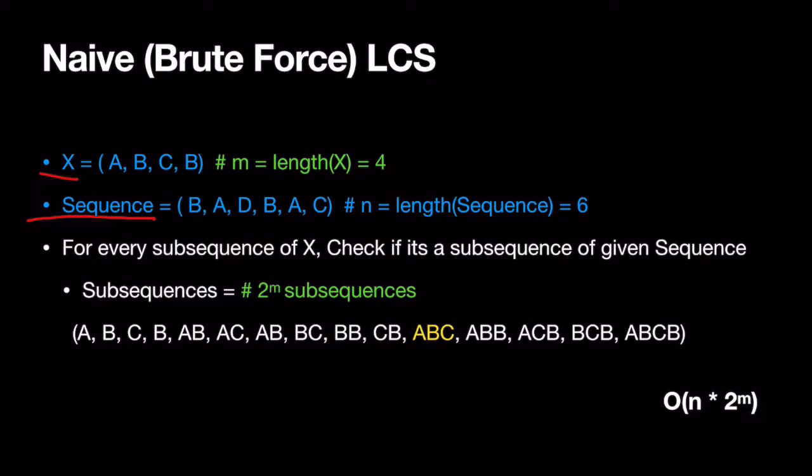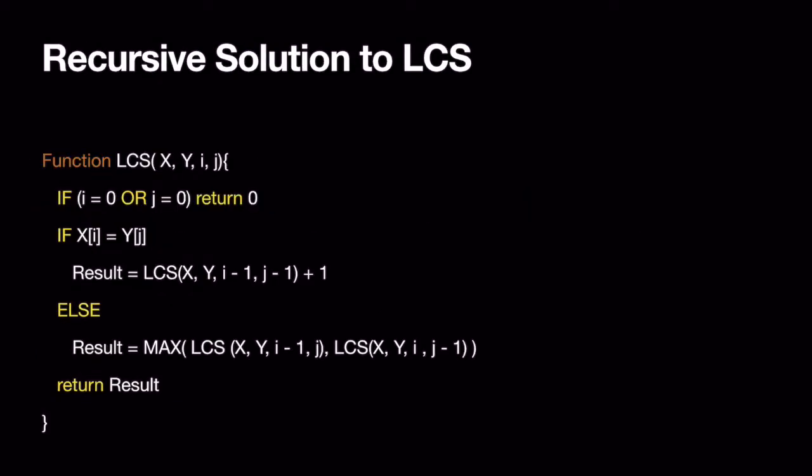So all the subsequences of x would be this list right here. And we're going to traverse this sequence n times, because for each of these, we will have to go through our y. Let's take a look at a recursive implementation.